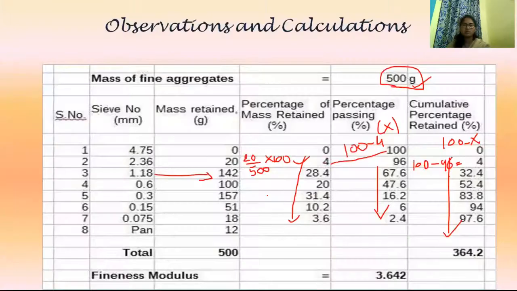Next, how to draw the graph between sieve sizes on the x-axis and cumulative percentage retained on the y-axis. This is the x-axis, and this is the y-axis.